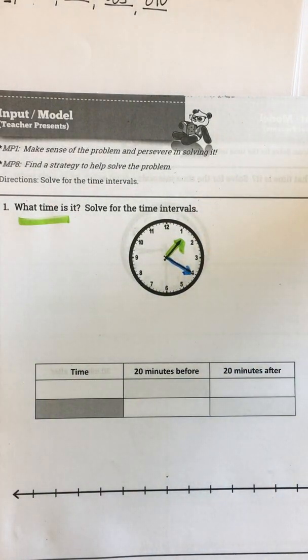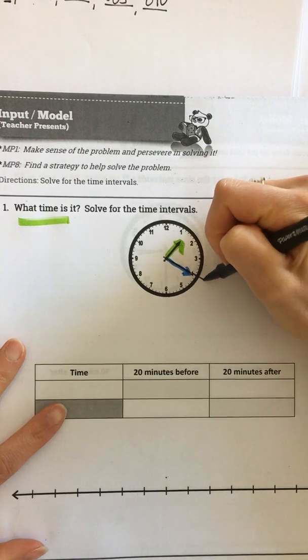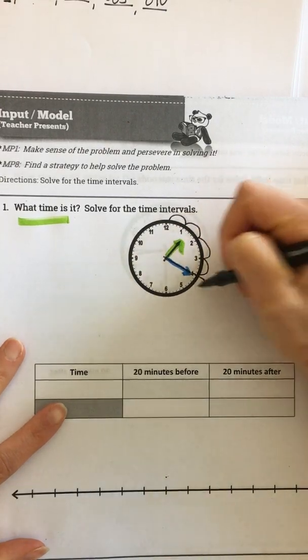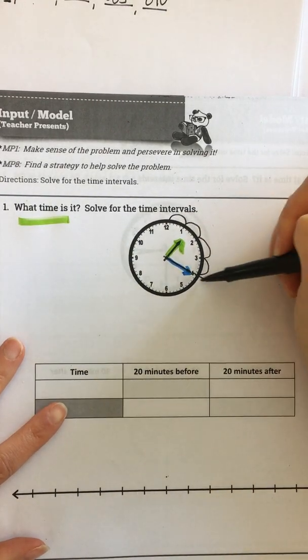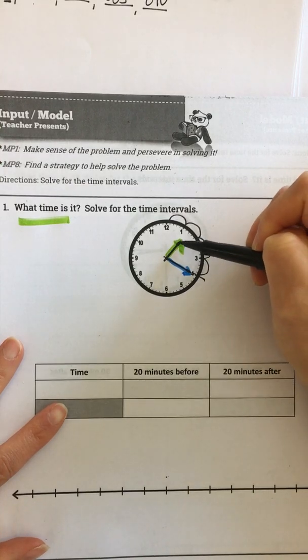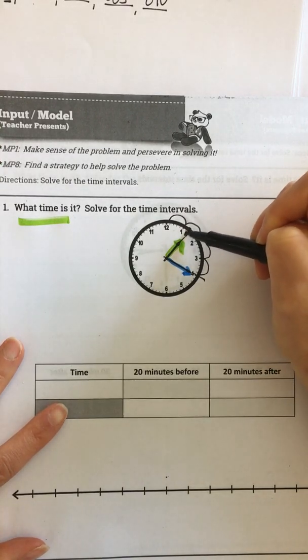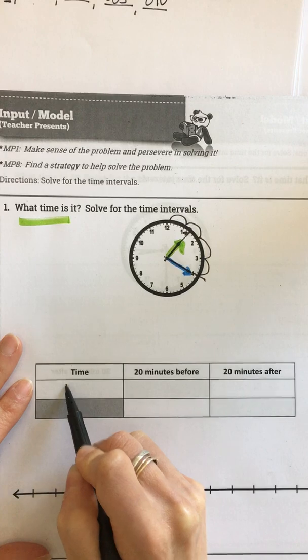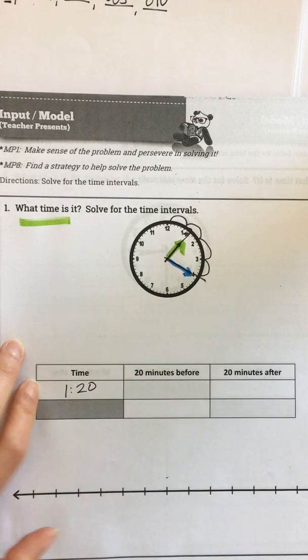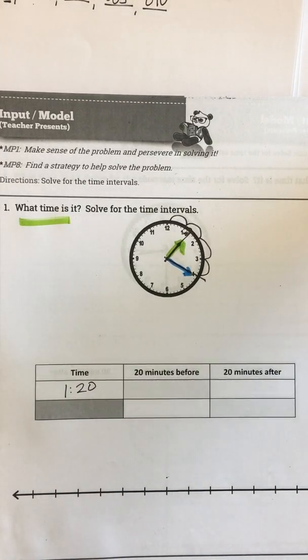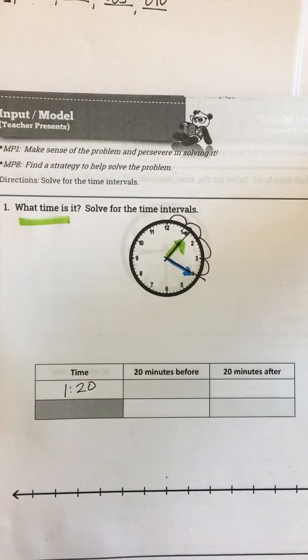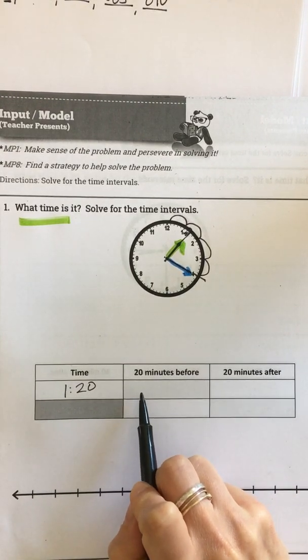So I'm going to look at my minute first: 5, 10, 15, 20. And then I'm going to look at my hours, which I know is in the backyard of the 1. So it is 1:20. Okay, the first strategy that we are going to use is subtraction here because it's saying 20 minutes before.